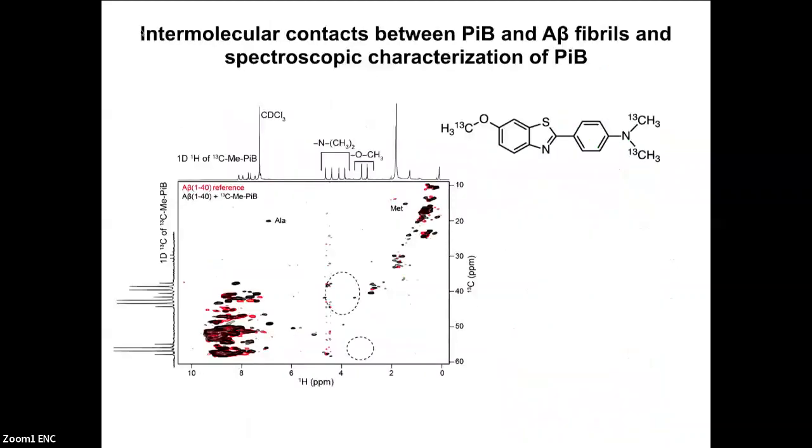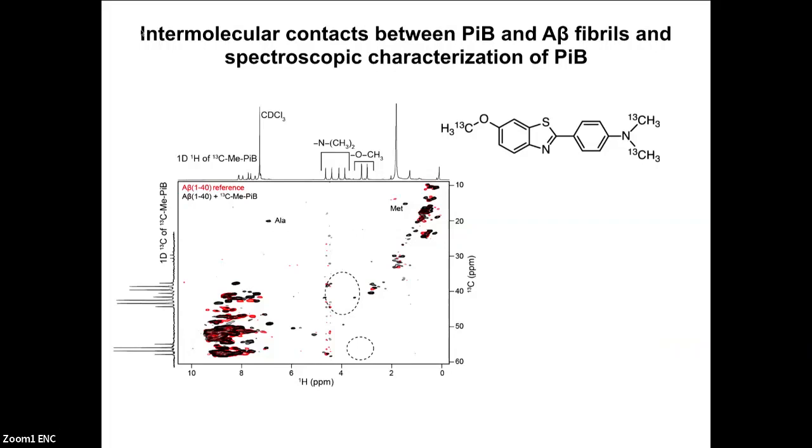Now, lastly, we are also trying to get resonances for PiB itself. Therefore, we N-methyl labeled the compound and also incorporated a methoxy 13C group. The dashed lines indicate the region where we would expect the resonance. However, under the conditions where we tried, we could not see any peak.